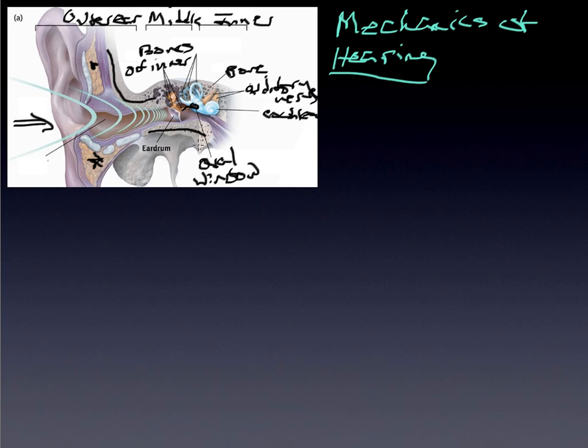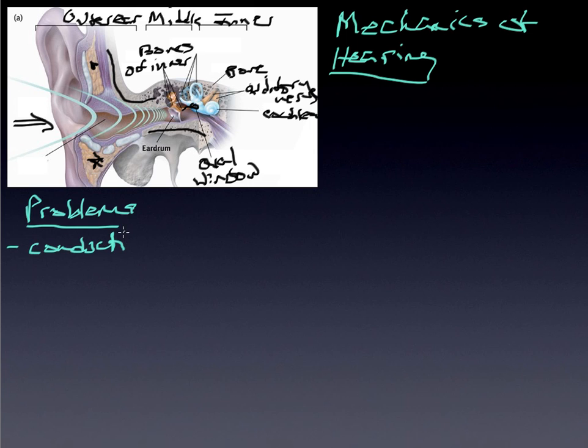The problems with this mechanical system cause something that we would refer to as, and let me just label this real quickly for you, is where problems arise. And a lot of times you can have a variety of problems, but one of them is referred to as a conduction hearing loss.